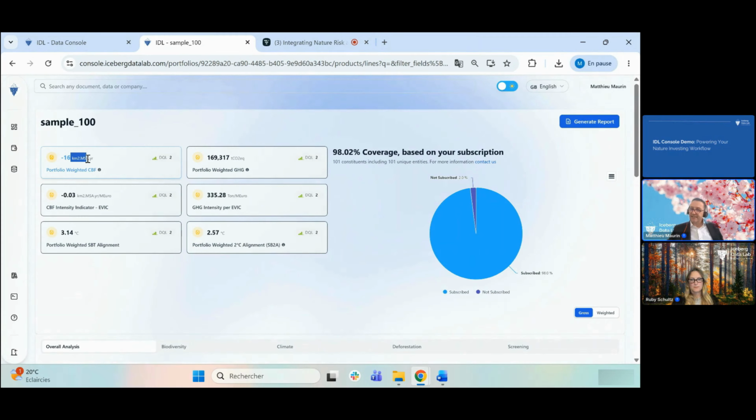That metric, we did not invent it here. It was put in the public domain by PBL, the Dutch Environmental Agency, and it's especially fit to appraise a diversified portfolio of product, which is in essence what a company is, and therefore extrapolating it at portfolio level to look at the impact of a portfolio.